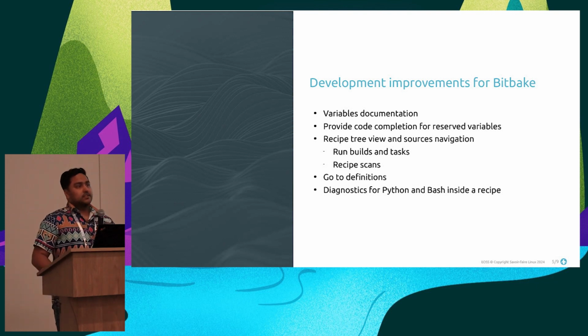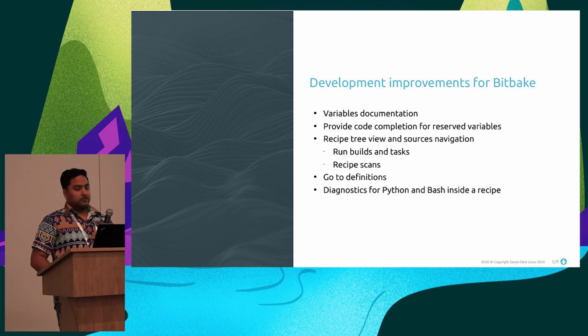So the next set of demos that I'll show you are specifically for BitBake. We will look at getting the documentation of variables on the fly, code completion for reserved variables, how to scan a tree and navigate, the source navigation, be able to quickly add recipes, build them, perform new recipe scans.